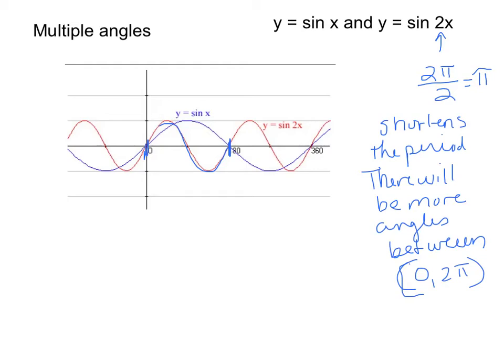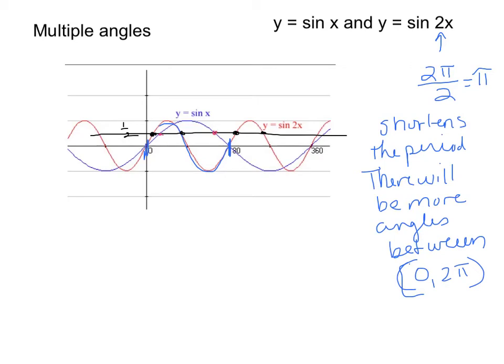So for instance, say we want to do sine theta is 1/2. Here's 1/2. Well, in the red, there are 1, 2, 3, 4 angles that are equal to 1/2 between 0 and 2 pi. But on the blue graph, we can see that there is 1, 2, and that's it.